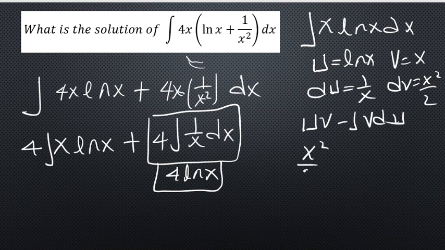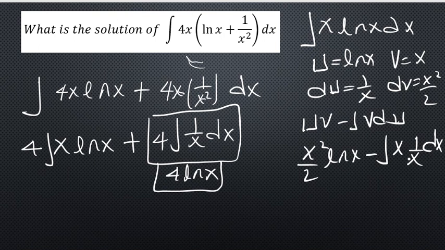Therefore, uv means we'll multiply: x squared over 2 ln x minus the integral of v, which is x, times du, which is 1 over x dx. Then here the x will be cancelled. What's left? X squared over 2 ln x minus 1, just 1 left. So the integral of 1 will be x.